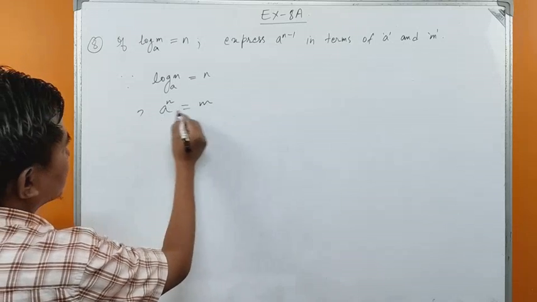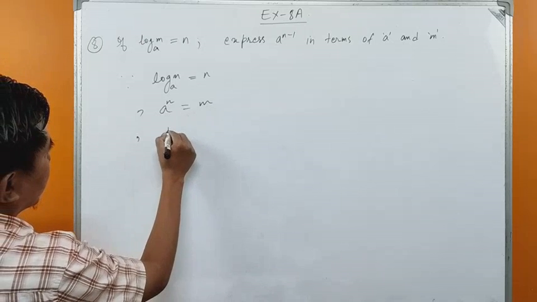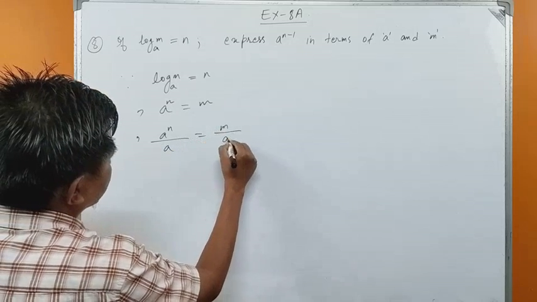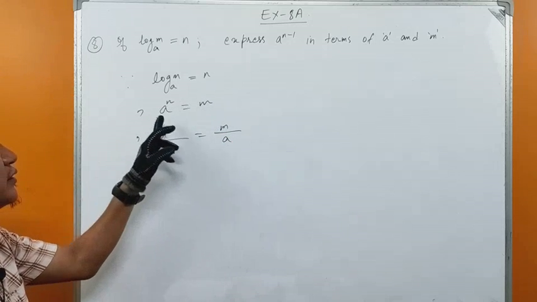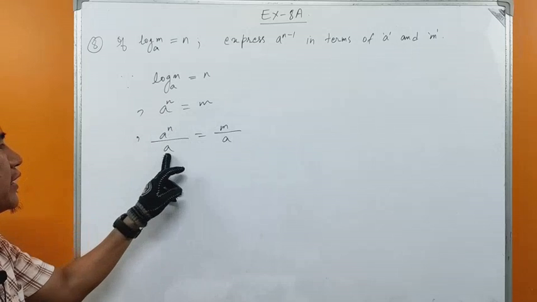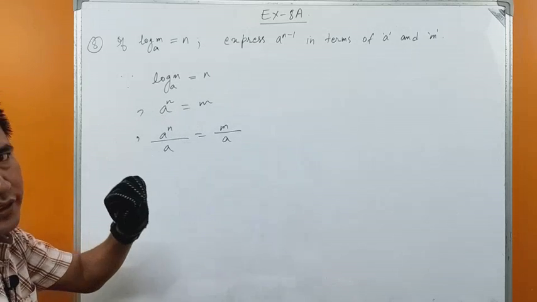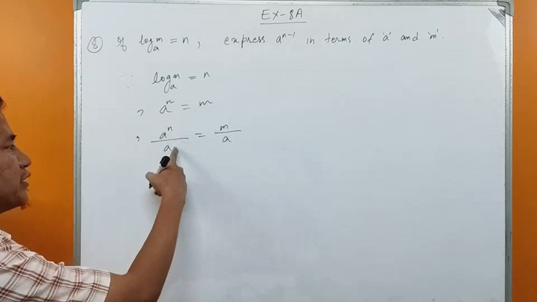So let us divide both sides of this equation by a. a to the power n divided by a equals m by a. I can do this because the a and a cancel, so the value of the equation does not change. Left hand side and right hand side, I am dividing by a.